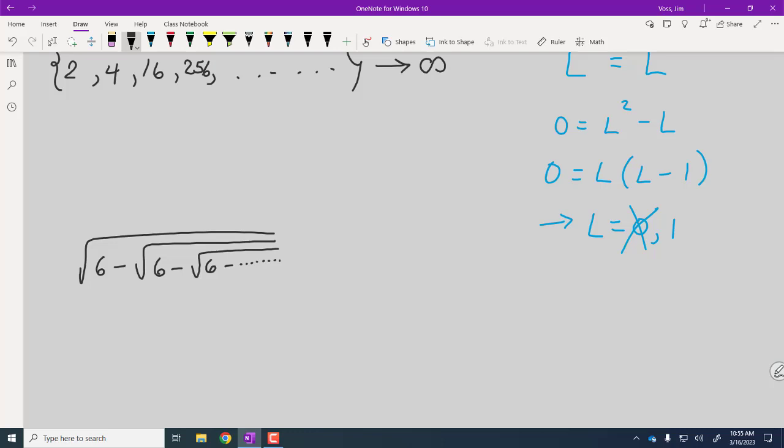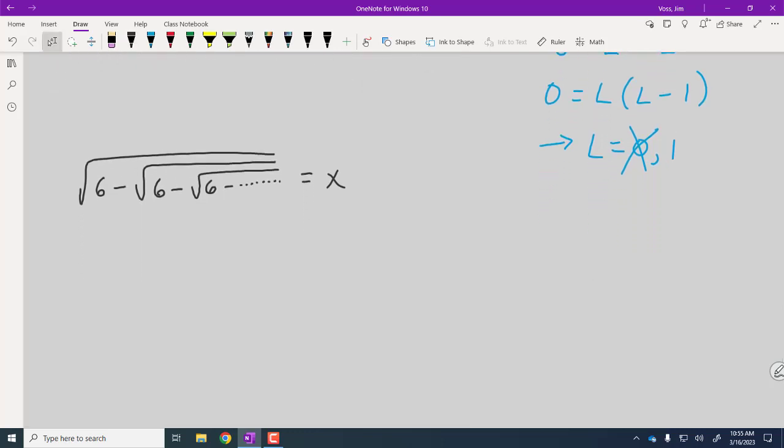So this again is an algebra thing. If we just let it be x, what do you think we'll do to both sides? Anytime you're trying to solve a square root equation, don't you square both sides? So then we have that, and then that square root business is just x. So this is going to be 6 minus x equals x squared.